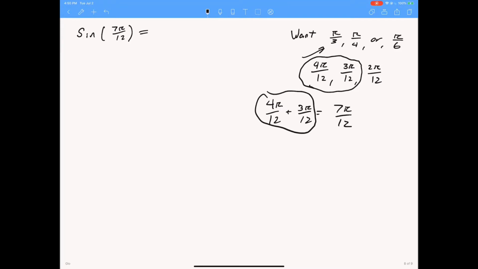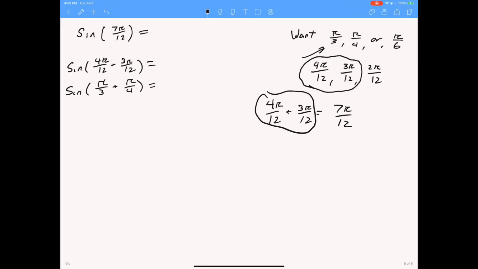So sine of 7 pi over 12 is the same as sine of 4 pi over 12 plus 3 pi over 12. And again, we'll reduce here to sine of pi over 3 plus pi over 4.